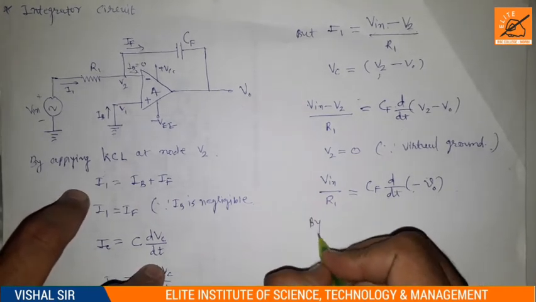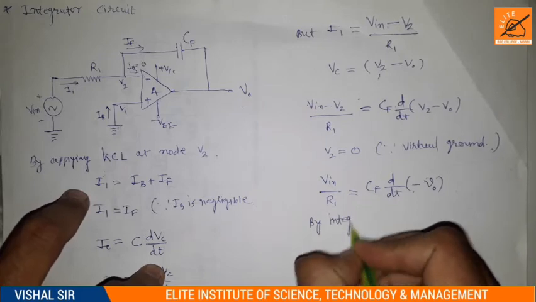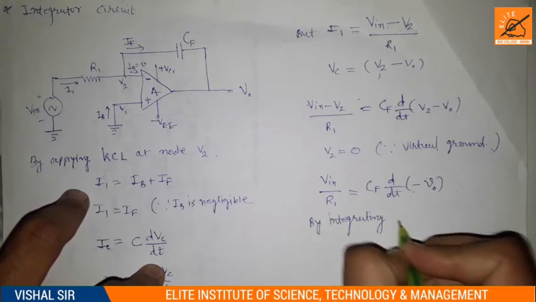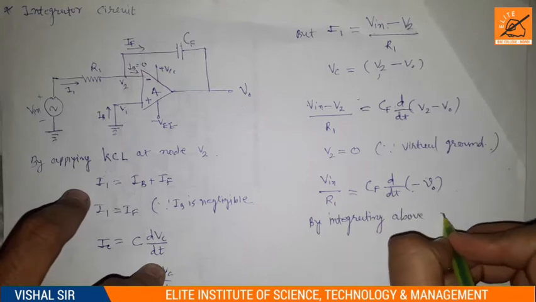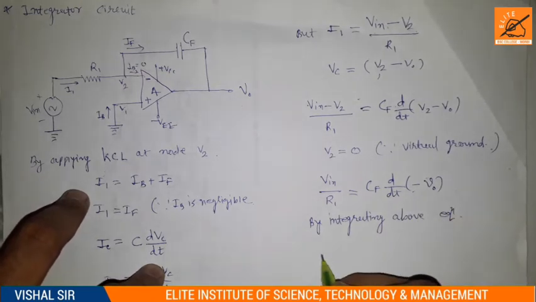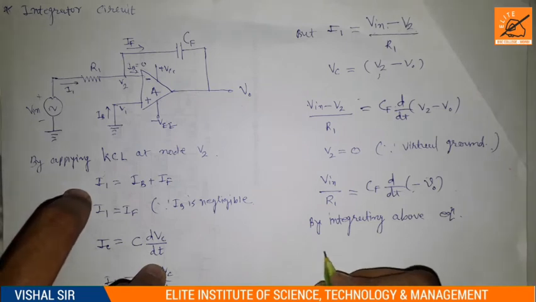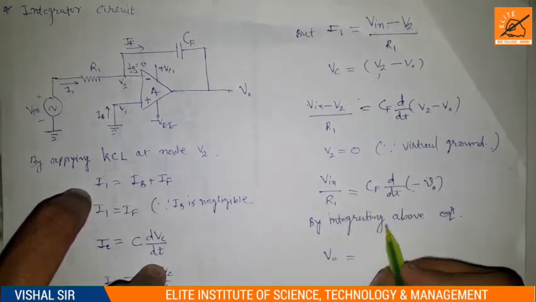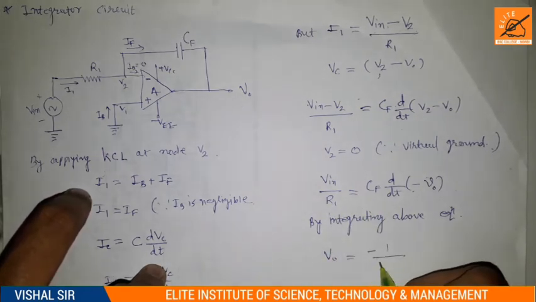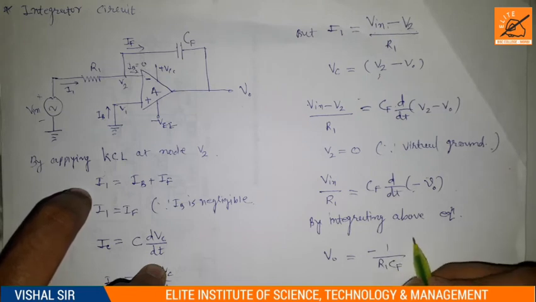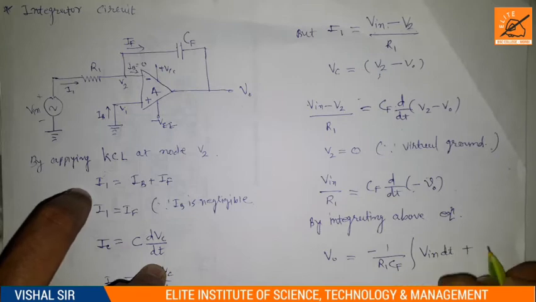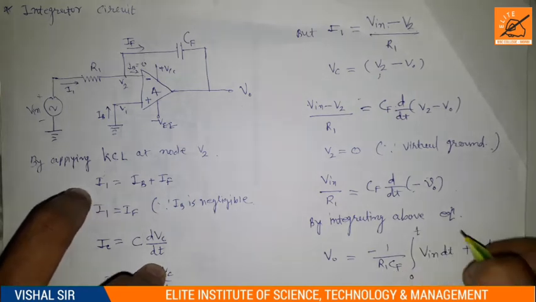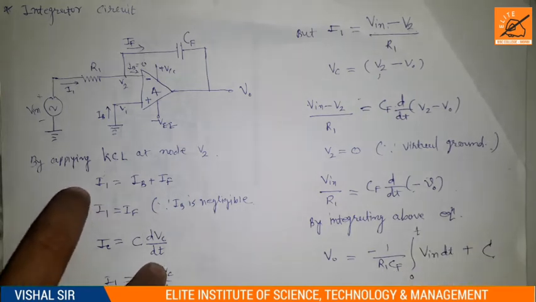By integrating the above equation, we can write V0 is equal to minus 1 upon R1 into CF, integral of VIN dt plus constant C, and the limit will be 0 to t. So this is the output voltage.